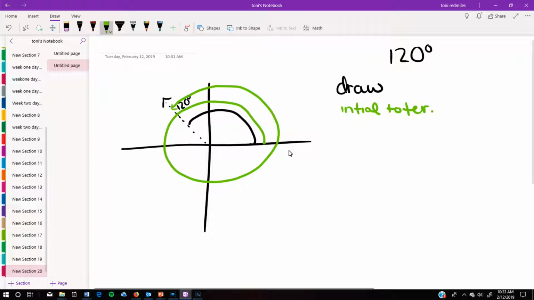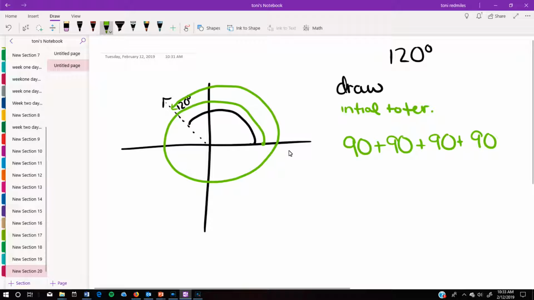Okay, so from my starting point to the end of this quadrant is 90. I'm flowing in the positive direction because remember, positive is counterclockwise in a Cartesian plane. Okay, so there's 90 degrees. There's another 90 degrees, and I'm another 90 degrees in that quadrant, and I'm another 90 degrees in this quadrant.